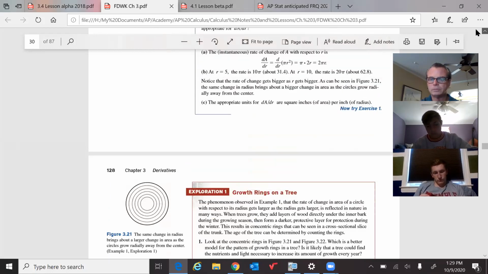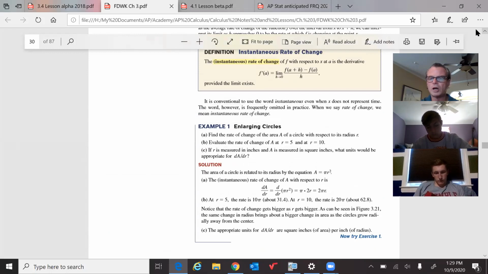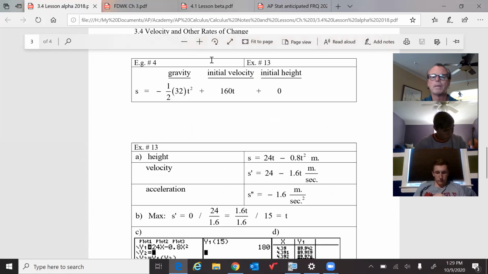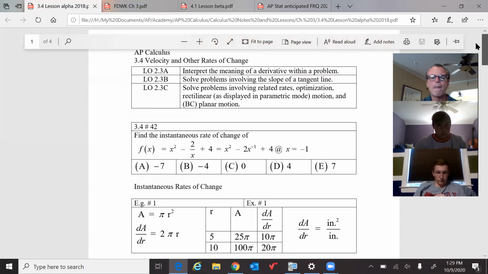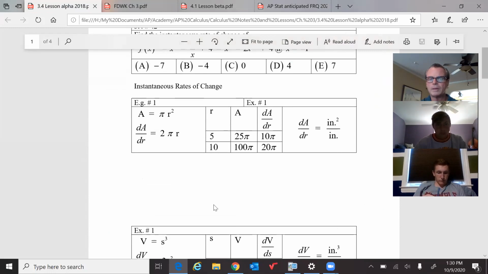Example 1. It's enlarging circles. Find the rate of change of the area of a circle with respect to its radius. Evaluate that, the two places, and units. So I'm going over here. Ready?